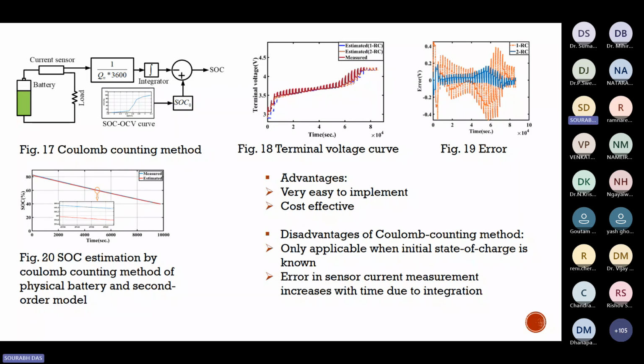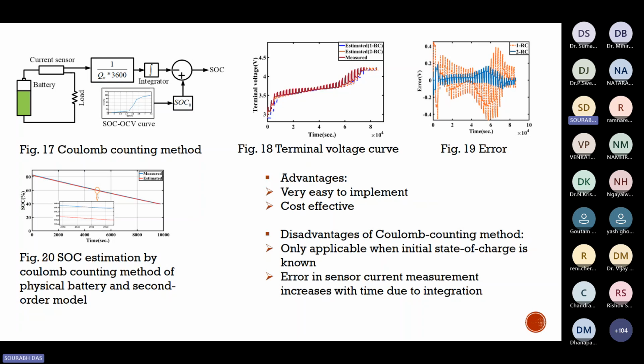And figure 19 shows the error between these curves. If we compare the estimated terminal voltage with the measured terminal voltage, we can see this type of error, which varies between 0.4 volt and minus 0.4 volt.